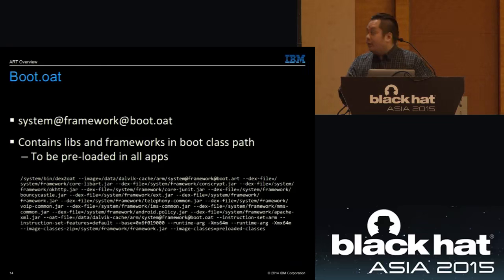Here you can see an example command line with the parameters for dex2oat. There are a lot of --dex-file options, and each option will have a single framework jar, which can be found in the system framework folder. These are all compiled into a single oat file called boot.oat.